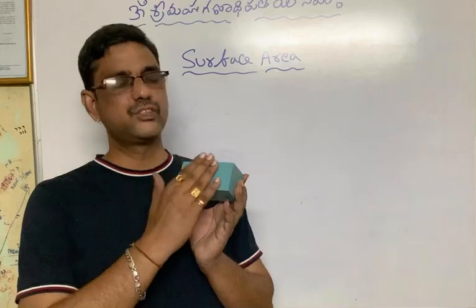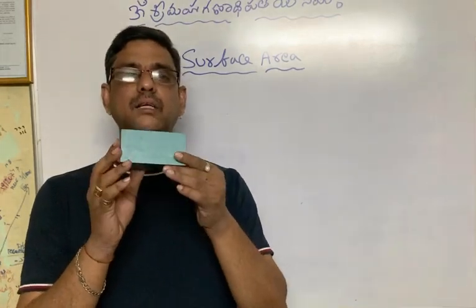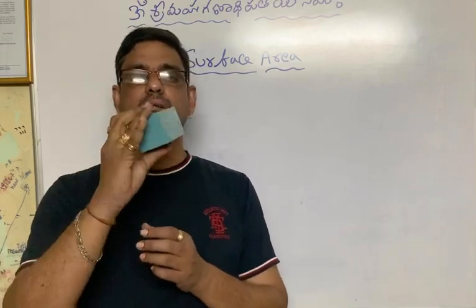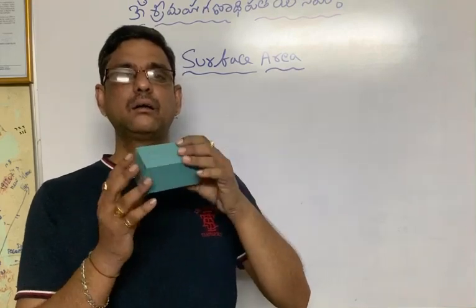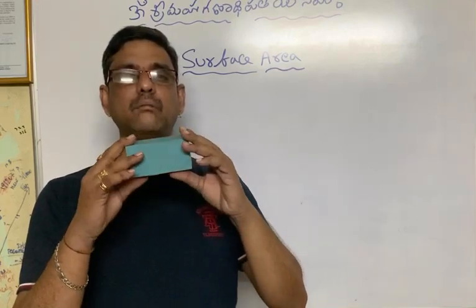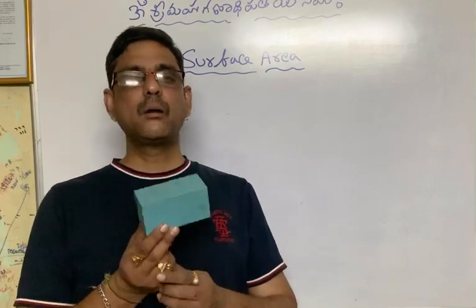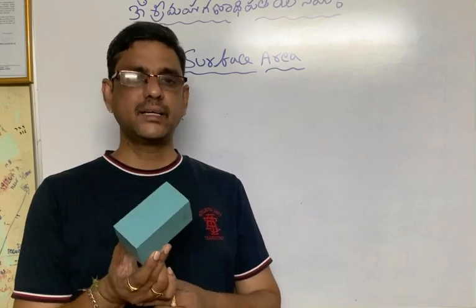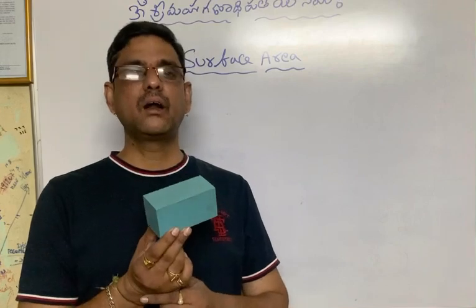See here, this is a rectangle, this is another rectangle, and another. Its front is a rectangle, back is also a rectangle, top, bottom, and side faces are also rectangles. So an object whose faces are all rectangles, we can call it a cuboid.